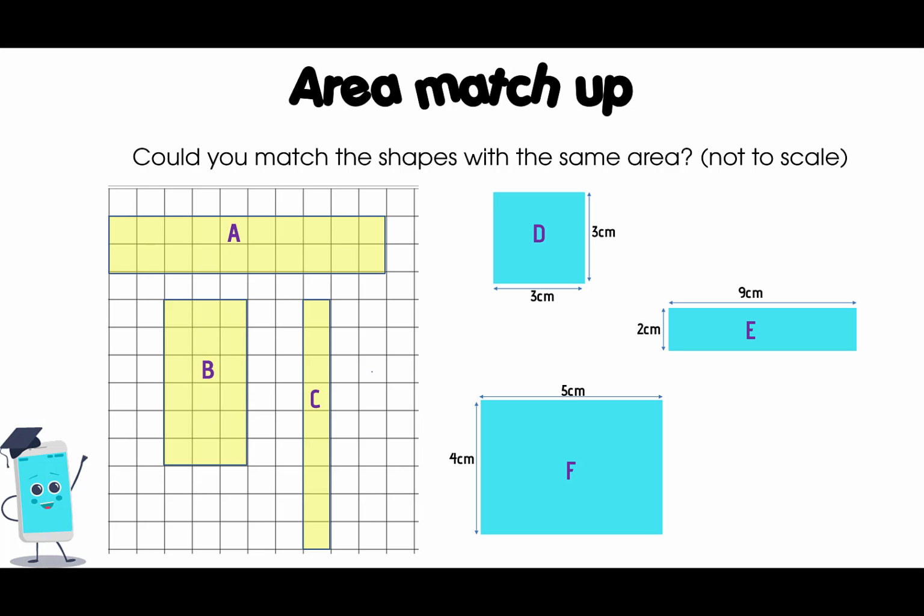So for shape A, we have 1, 2, 3, 4, 5, 6, 7, 8, 9, 10. So 10 in that row, 10 in that row. We have 20 centimetres square.